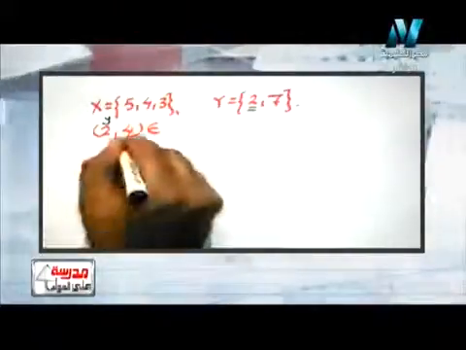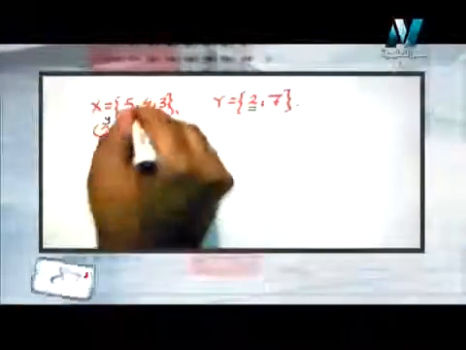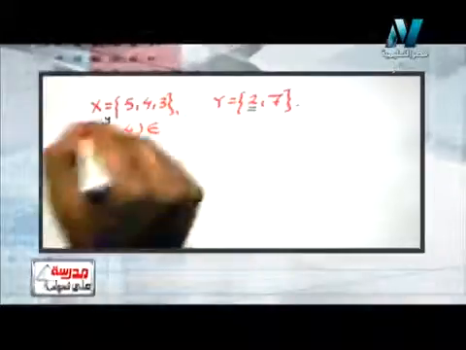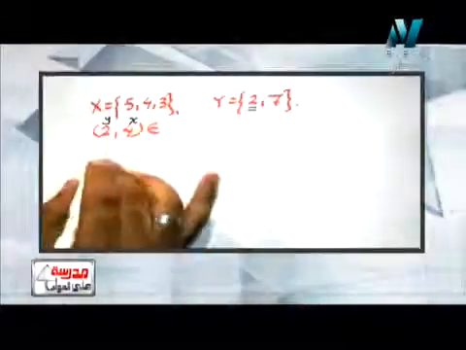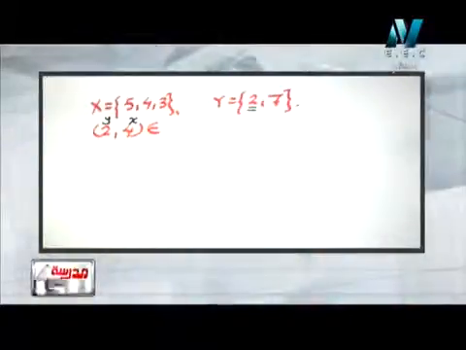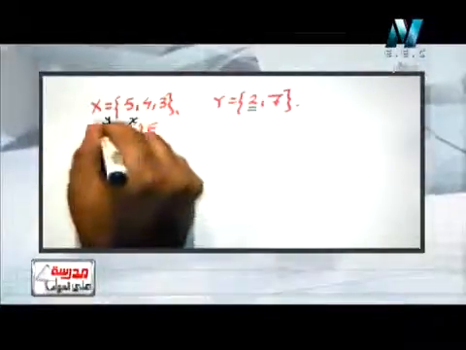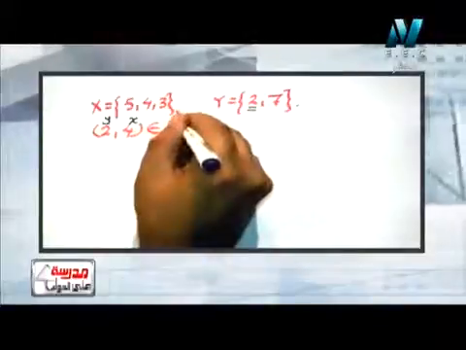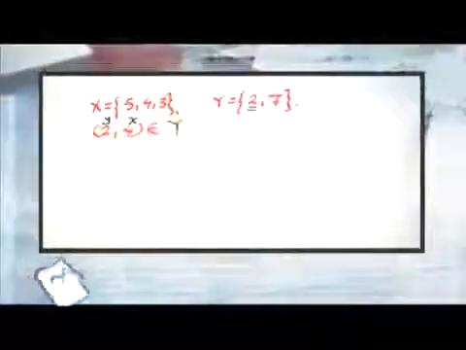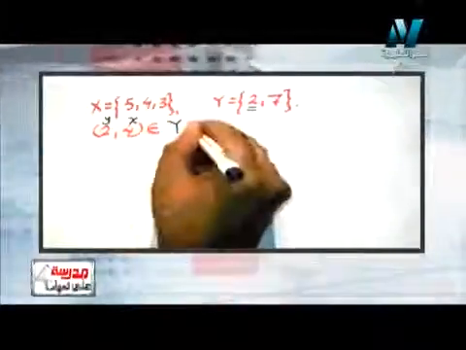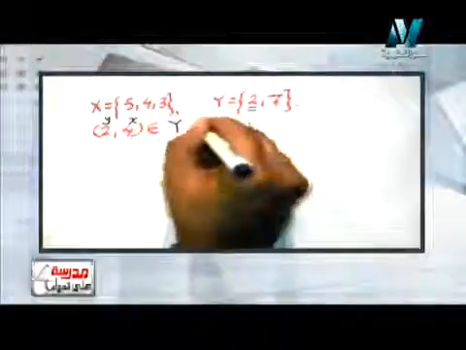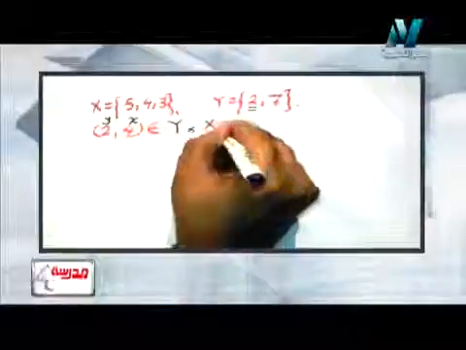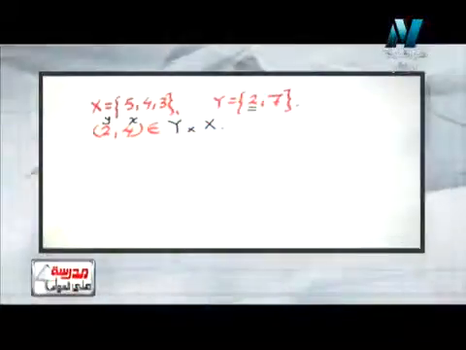What about 4? 4 belongs to the set of x. So you can put here x. You can just replace each number by the set containing it. Since 2 belongs to y, it will be y, product 4 belongs to x, it will be x. So the answer will be y product x.